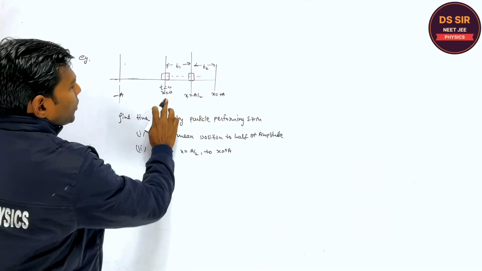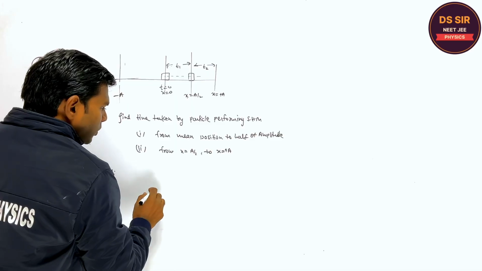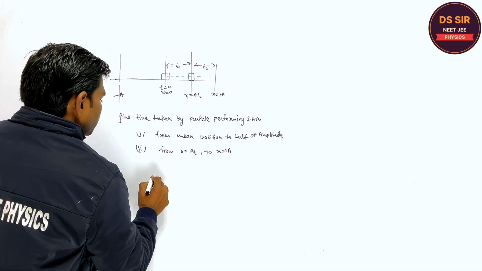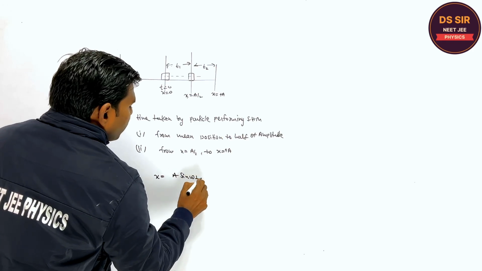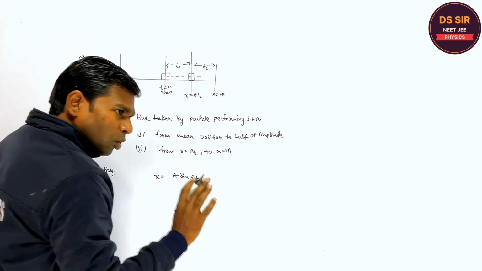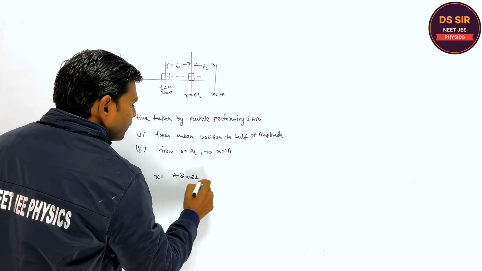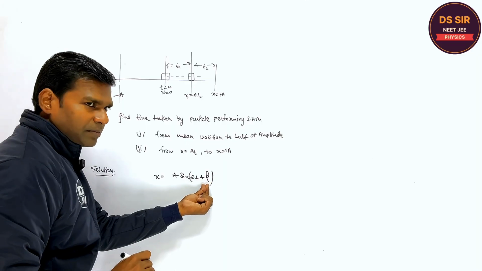So let's see how to find the time. Whenever they ask the time, we will use the equation x is equal to a sine omega t. When the particle starts from mean position, listen, the original and basic equation of a particle performing SHM is sine omega t plus phi, right?